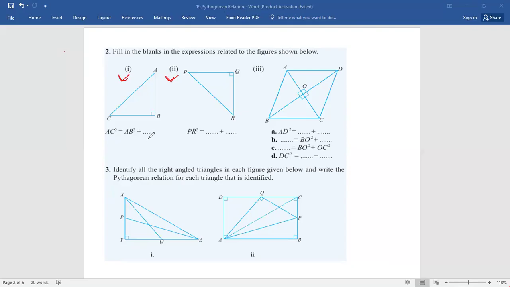So you have to identify what length should be here. And PR squared, something plus something. So you need to identify. Sir, the AB plus the plus equals CB to the power of 2. Yeah. Square. Please do. Once you completed this, let me know.